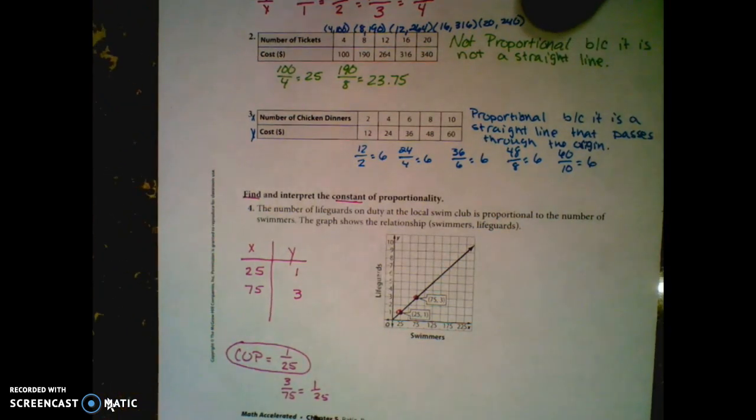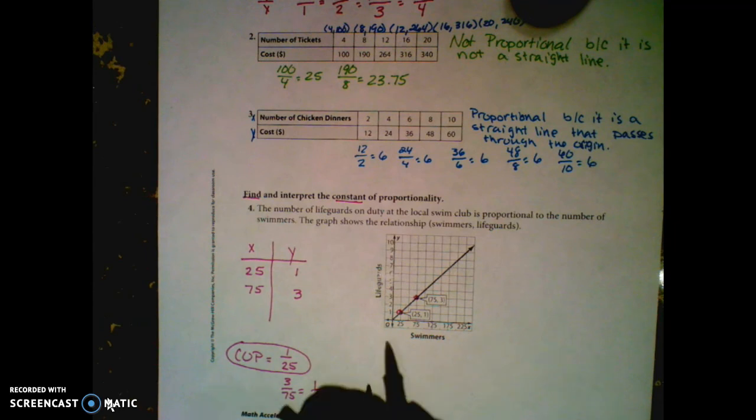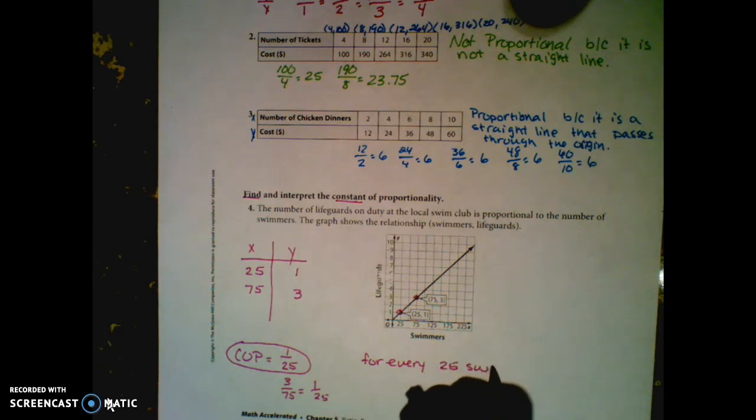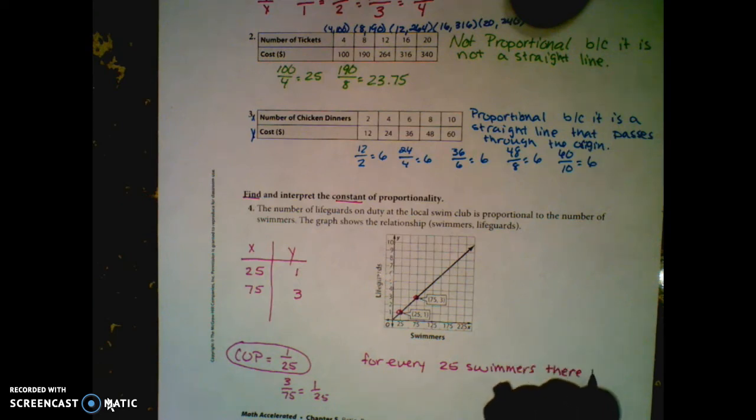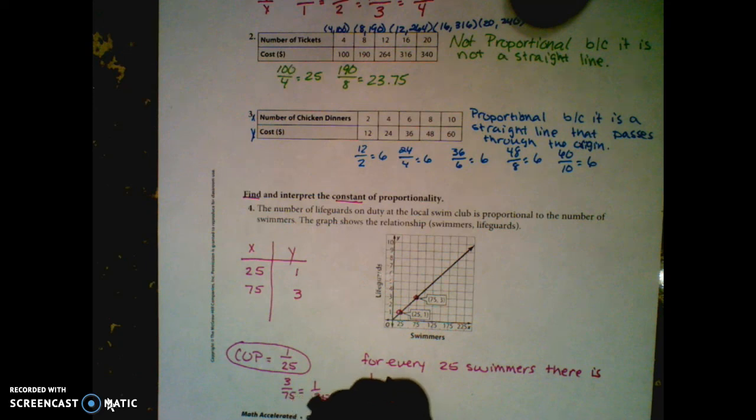So when I go to interpret it, I will say, for every 25 swimmers, there is 1 lifeguard. That is all you need to do. Tell me what that ratio represents. Give me the units for that ratio. For every 25 swimmers, there's 1 lifeguard. You could have said for every 1 lifeguard, there's 25 swimmers, and that would be fine as well.